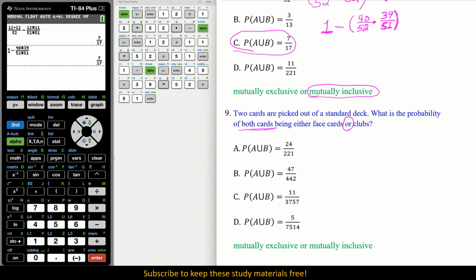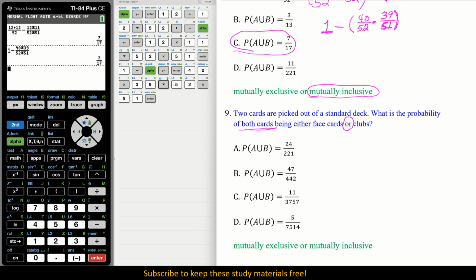Let's think about this. Are we going to have overlapping in our probability? Well, yeah, there are some face cards that are clubs. This does happen, or we have clubs that are face cards, however you want to look at it.